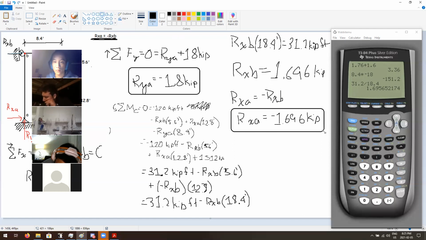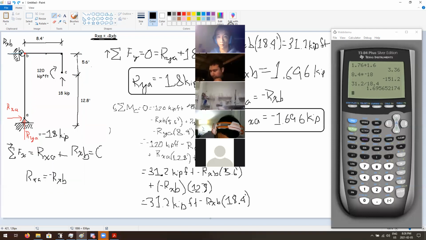Look at this equation: RXA equals negative RXB, right? RXB is positive 1.696 kips. Plug 1.696 kips into RXB and you still have the negative, so it becomes negative 1.696 kips. So RXA equals negative 1.696 kips.